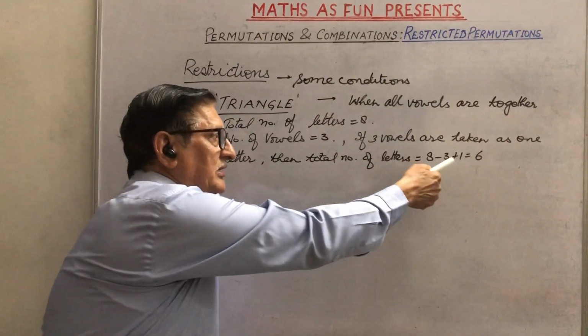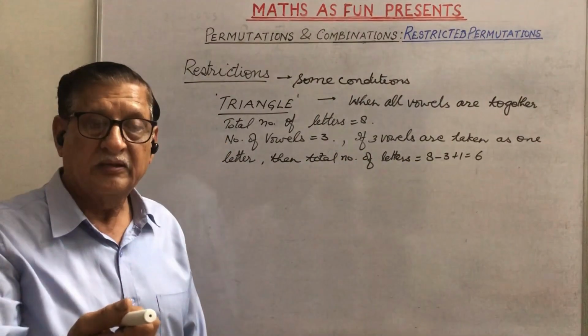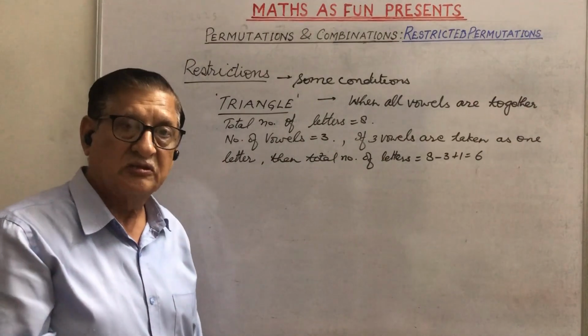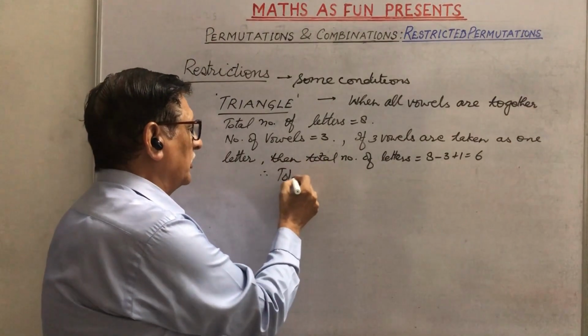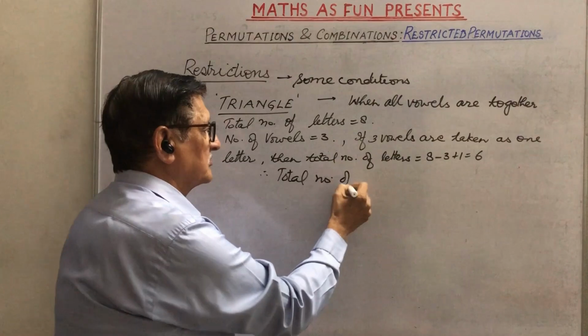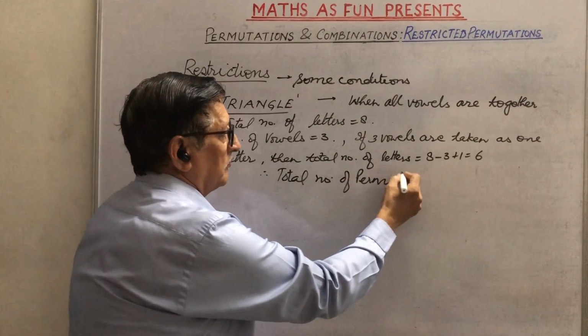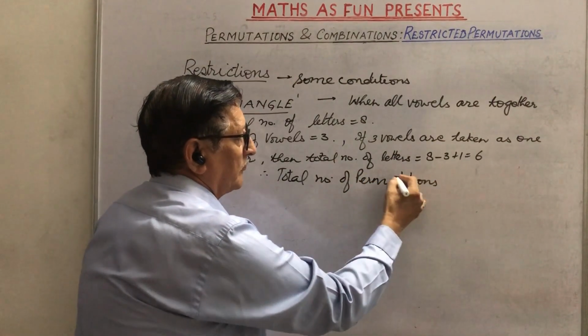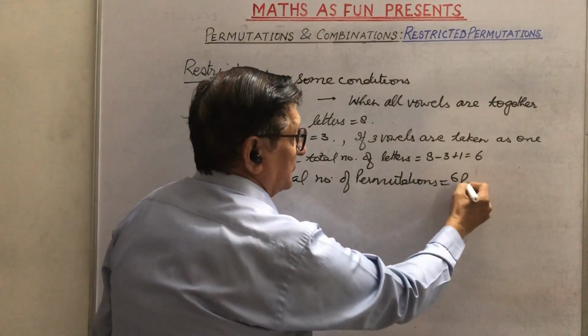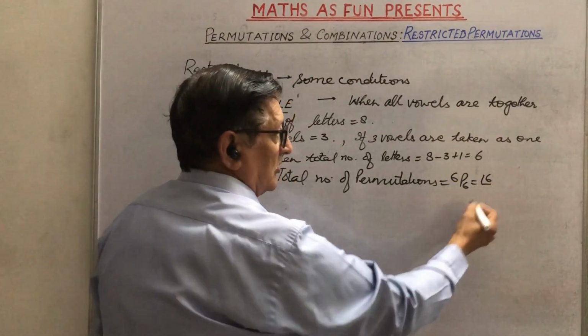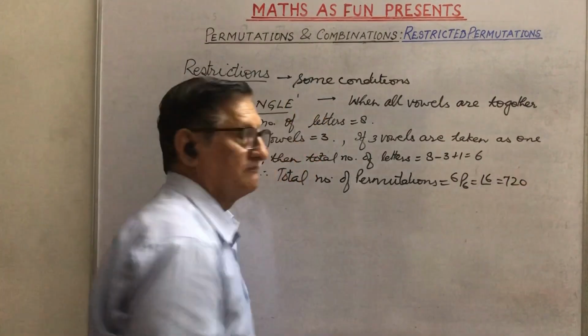And these 6 letters can be arranged in 6P6 or factorial 6 ways. So the total number of permutations will be equal to 6P6, which is factorial 6, or you can say 720.